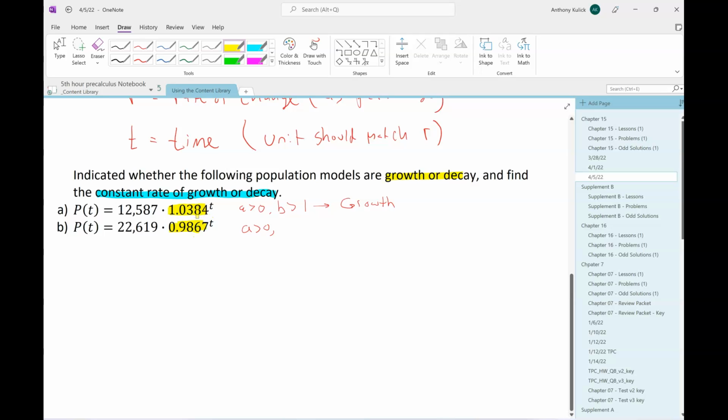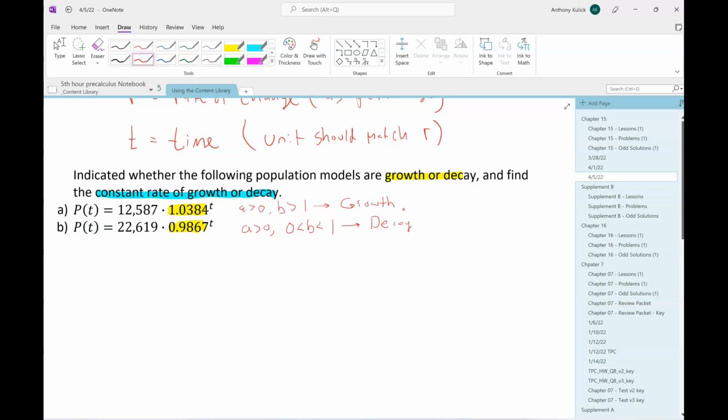So if I look at equation B, if it's greater than 1, it's growth. What do I have to be decay? Less than 1. But remember, those values of B also have to be positive. So we can see that the first one is growth and the second one's decay.